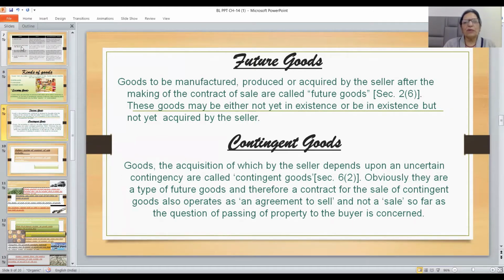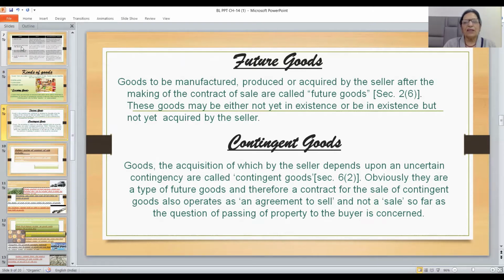These goods are to be manufactured, produced, or acquired by the seller after the formation of contract of sale. So these goods may be either not in existence or in existence but not yet acquired by the seller. Say, take the examples of vegetables which are to be grown, machinery which is to be produced, or an item which is there but is not in the possession of the seller. So all these goods will fall under the category of future goods.